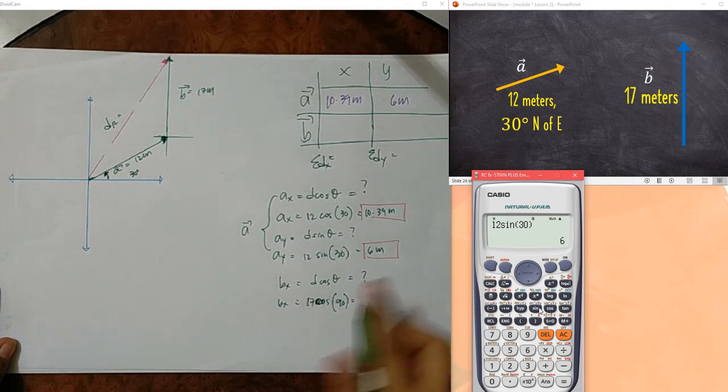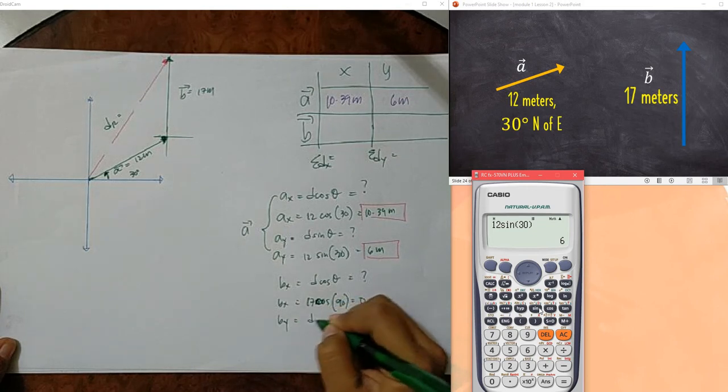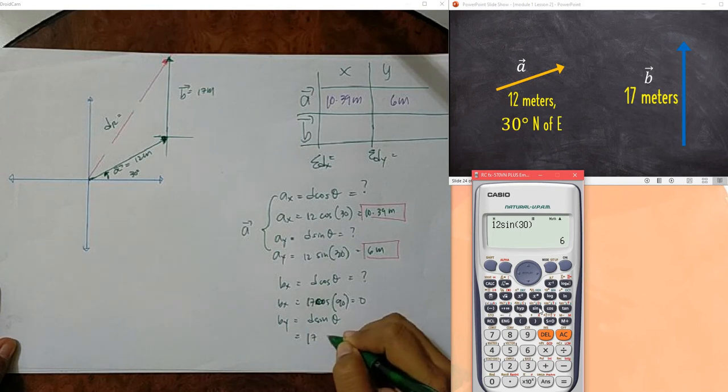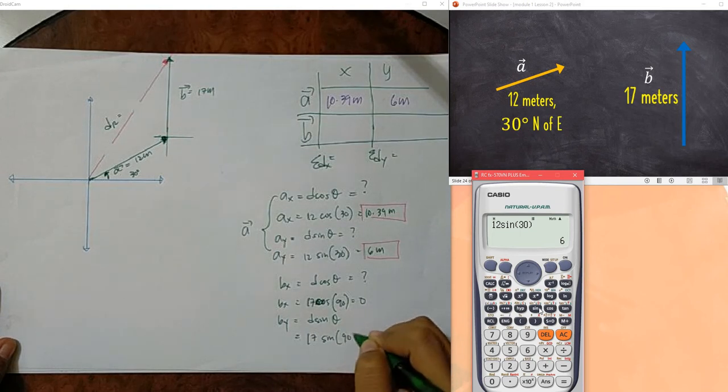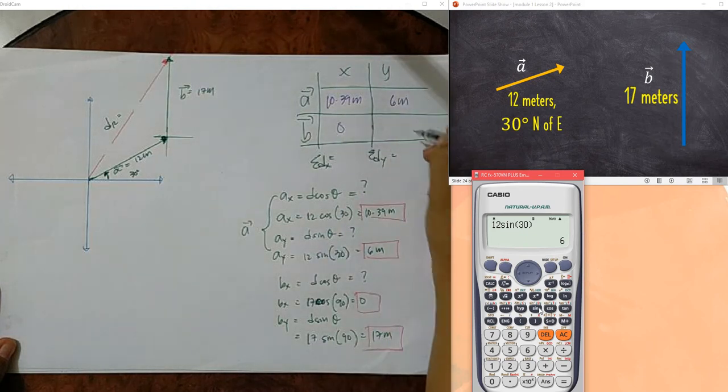So 17 times 0, that is 0. So B sub y, we have d sine theta. So 17 sine 90. Sine 90 is equal to 1 times 17. We have 17 meters.